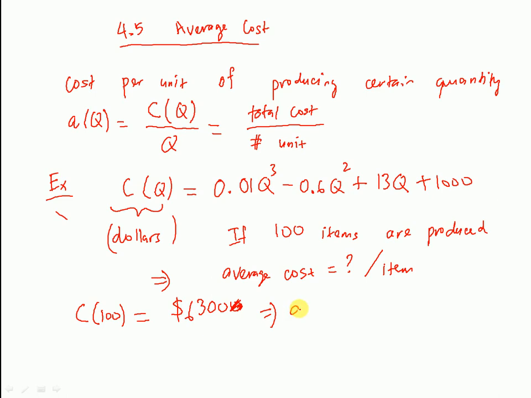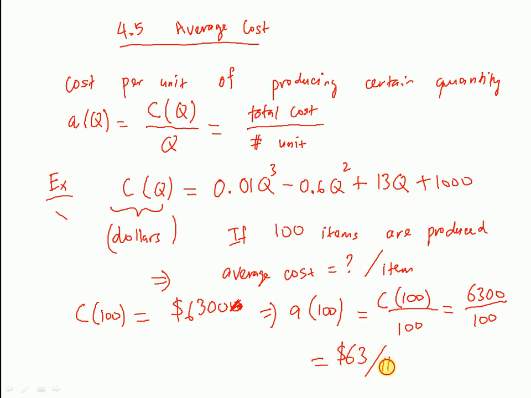Therefore, the average cost for 100 items is C of 100 divided by 100 items. We have 6,300 over 100, and it should give you $63 per item. That means for producing 100 items, each item has the price of $63.